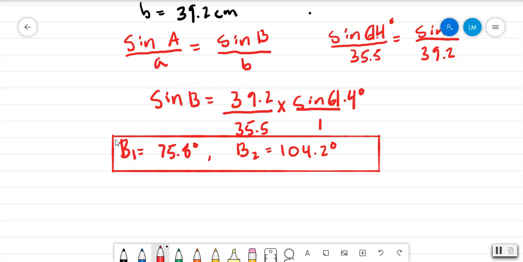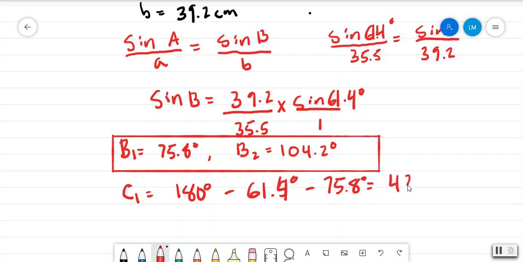So let's go ahead and find angle measure C1. Angle measure C1 is 180 minus 61.4 minus 75.8 degrees, and that's going to equal 42.8 degrees.